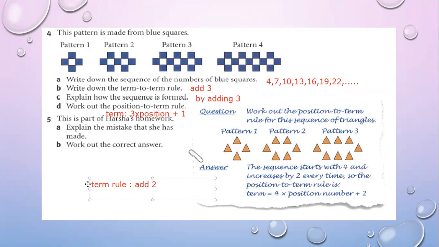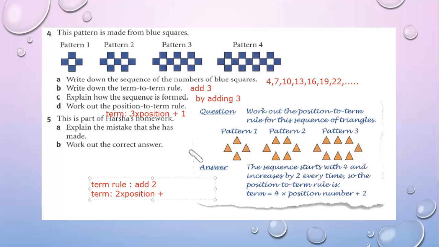But when solving the position to term rule, she wrote the term here. In actual, she wants to write 2 multiplied by position, then plus what next. The first is 2 multiplied by 1, 2. Sorry, I spelled position wrong.